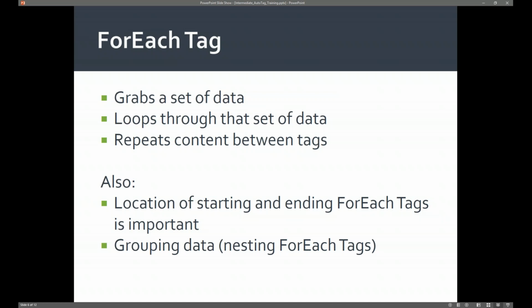Okay, we're now going to move away from the PowerPoint presentation for a moment and get into actually working with templates. I'm going to go ahead and open up a blank Word document.